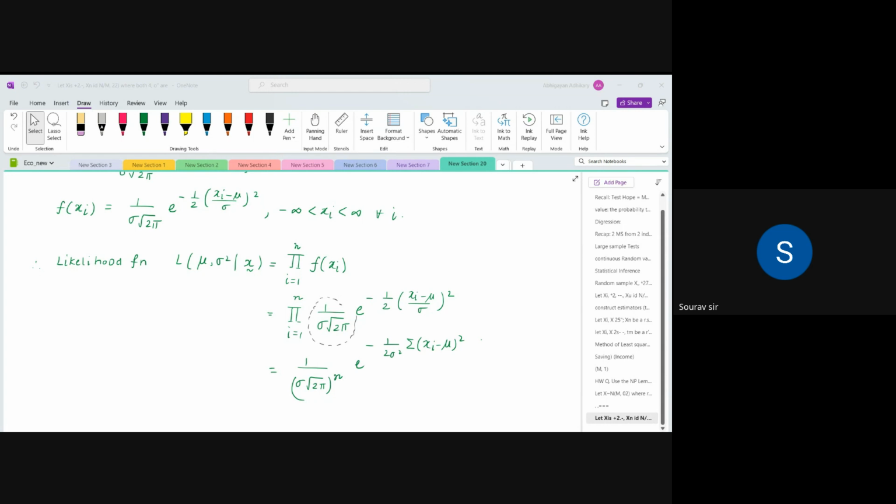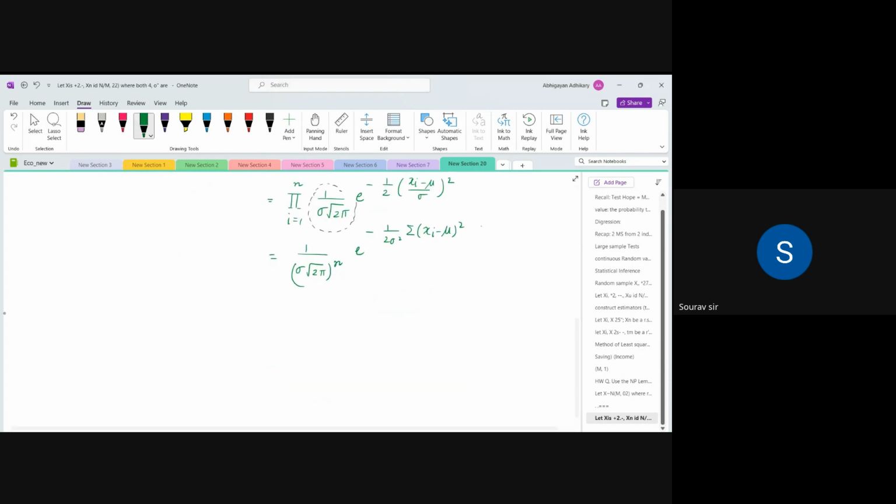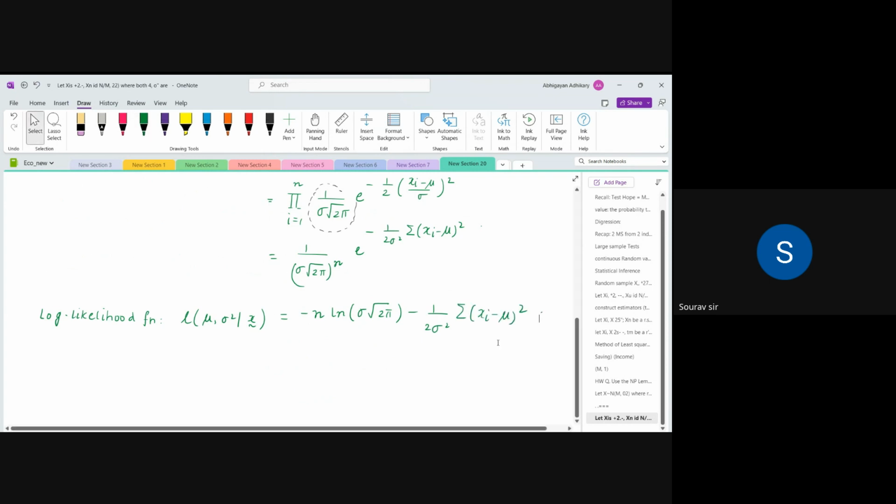Yes, sir. Then comes defining the log likelihood function, which is small l as a function of mu comma sigma square. So that would be minus n log of sigma root 2 pi minus 1 by 2 sigma square summation (xi minus mu) whole square.